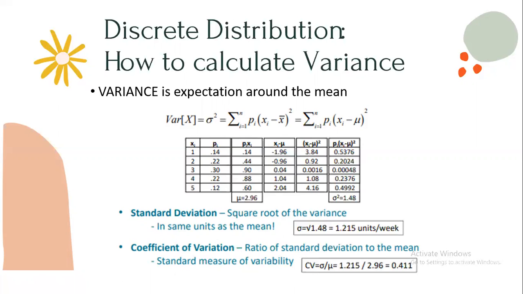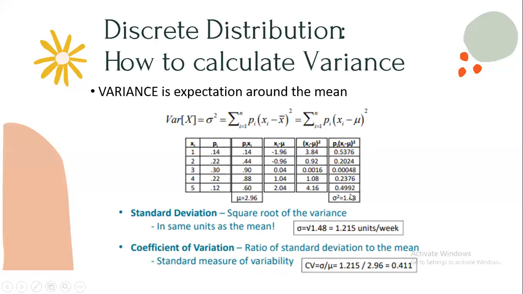Then you take these values and multiply them with the probabilities, and again, probabilities are given here. It shouldn't be scary at all. You just multiply by pi. So you take this value that you've calculated here, 3.84, and you multiply it by 0.14, and this is what you get.